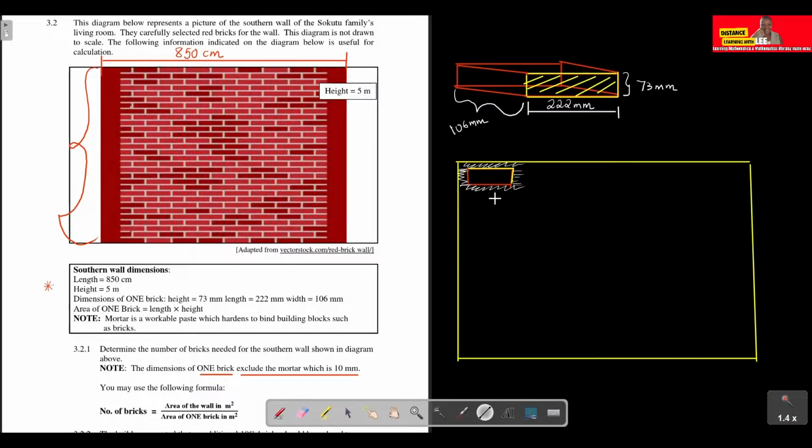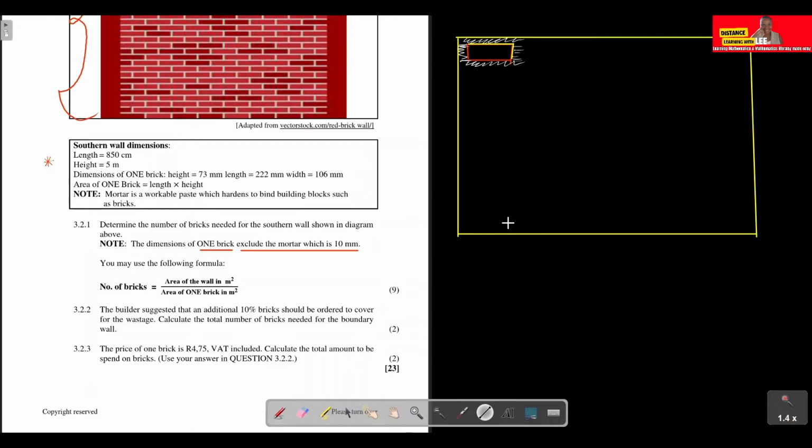We're also going to add the 10 millimeters to the height, because the paste will affect the height by 10 millimeters. That is what we're going to do to help us obtain the area of the one brick. And then we're also going to calculate the area of the wall, and then we're just going to substitute everything into this formula.